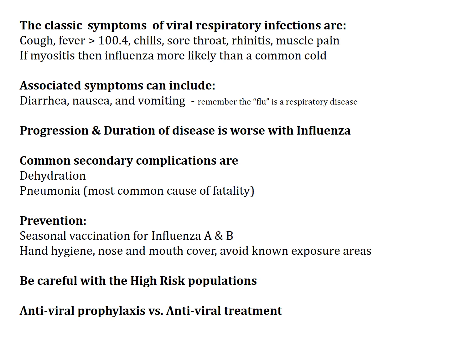And then seasonal vaccination for influenza A and B. We do not have vaccinations for the other respiratory viruses, but we certainly have seasonal vaccine for A and B. Always, again, be careful with high-risk patients.